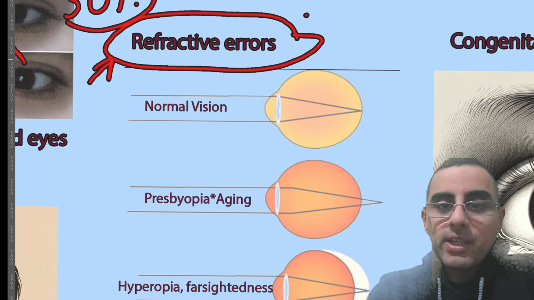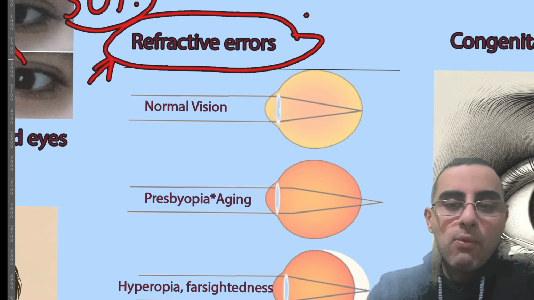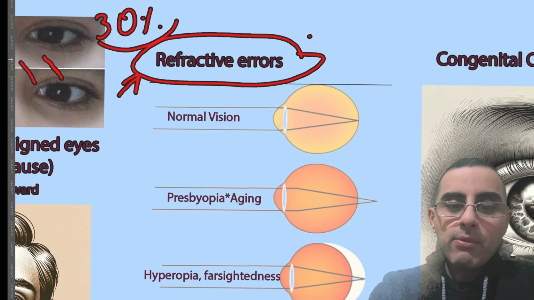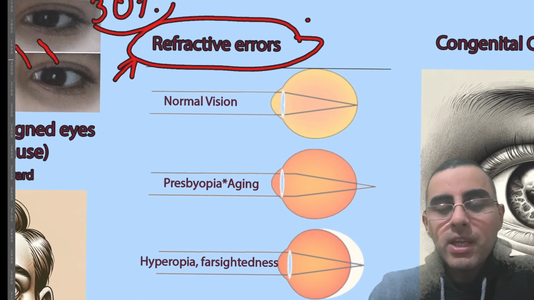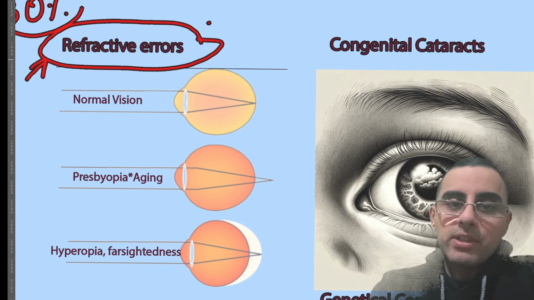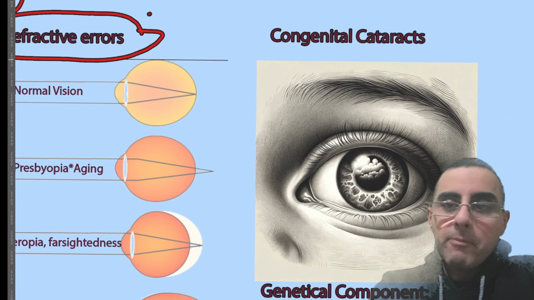It's compensatory again. So our brain always tries to avoid double vision. That's why we get amblyopia.